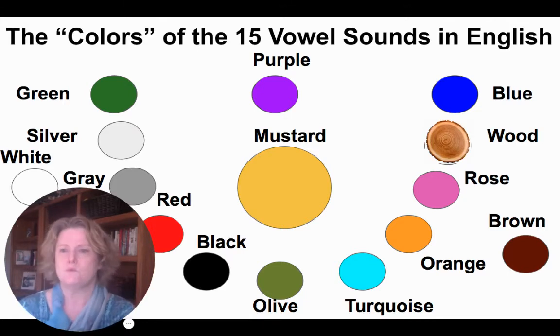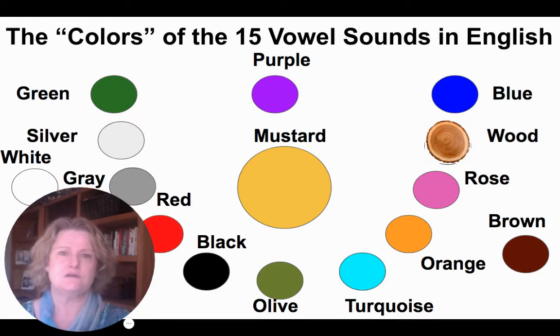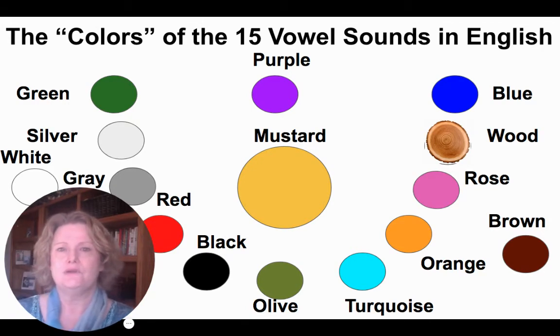That's why we call it white. The sound E, which traditionally is called a long E, we call green because it has the E in it. So if you know how to say green properly and not grin, that's a big smile on the face, then you know better how to say that sound.